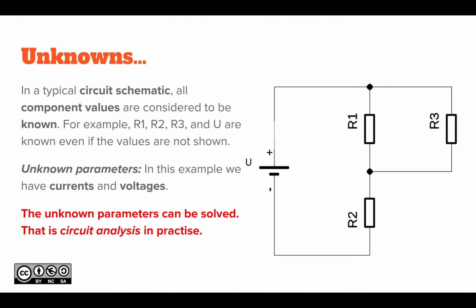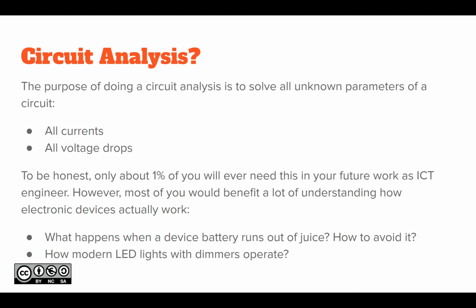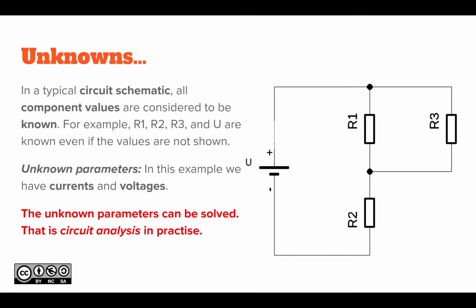And yeah, so let's talk about the unknowns. So on this, solve all unknown parameters of a circuit. What are the unknowns then? Remember this one from last week? That's still a typical circuit schematic. All component values like R1, R2, R3 are considered to be known. But also, if there are some voltage sources with marking U, that's also considered as a component with a value.